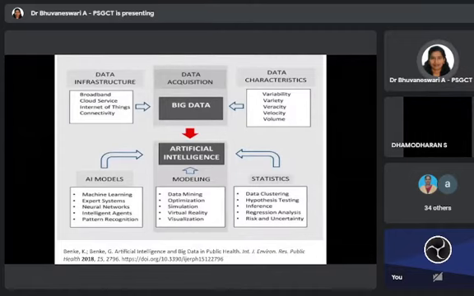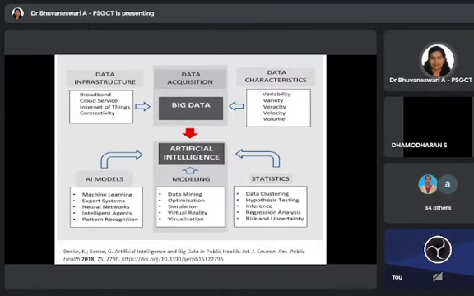Applications acquire the data from these sources, and the general characteristics that are applied for refining the data are variability, variety, veracity, velocity, volume. All these characteristics are applied for the acquisition.